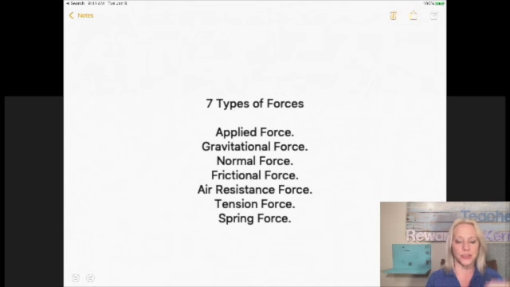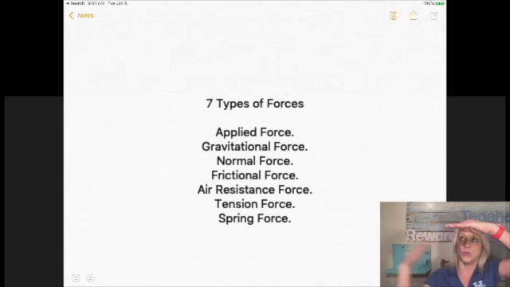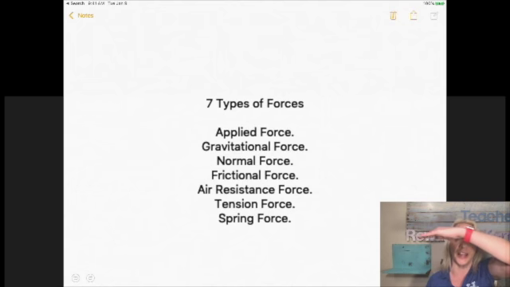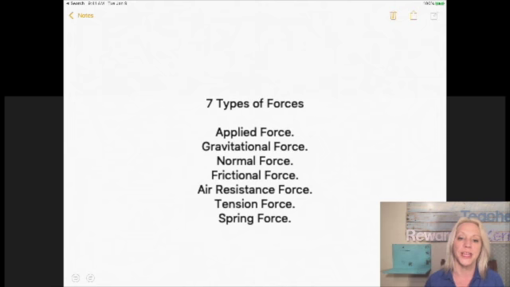Air resistance, which is for any object that is above the surface, whether it be in this direction, if the applied force is going like an airplane, or an object falling down, it would be the force going upward. Then we have tension force, which is anytime you have a force that's on a rope. And then spring force, which is anytime you have a force on a spring.